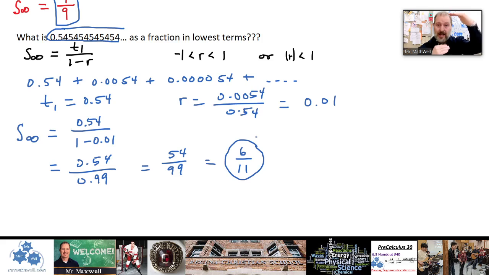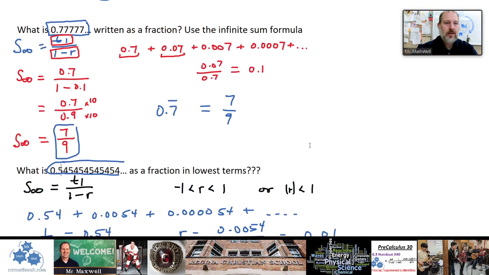And here now we've connected the two. So before, that was just an indication and you were told, hey, if it looks like this as a decimal, it's going to be rational. But now we can prove it. So that's an important skill here, writing a repeated decimal as a fraction using the infinite sum formula.